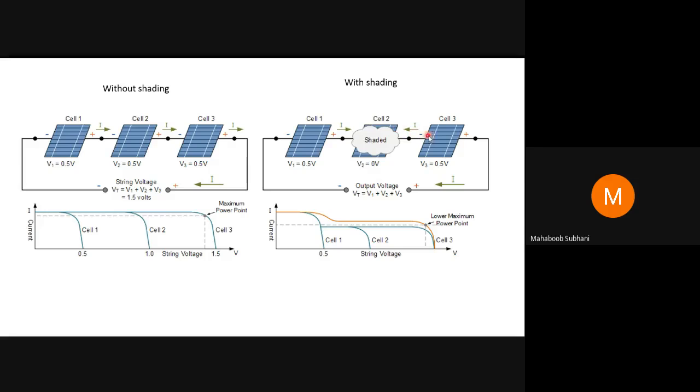Why? Because the current flows in the opposite direction, right? So it consumes the power. In this way it tries to overheat the cell, and eventually the cell gets destroyed or damaged. This should not happen in a solar panel.